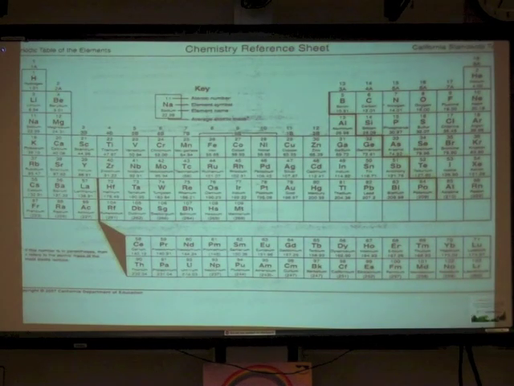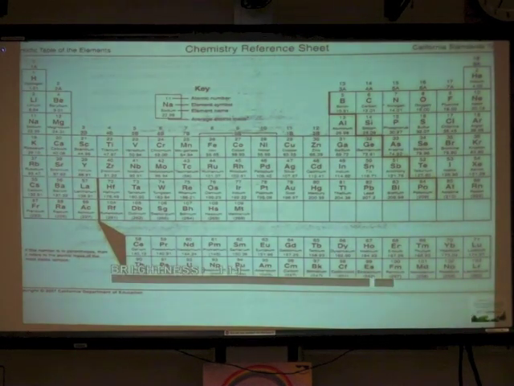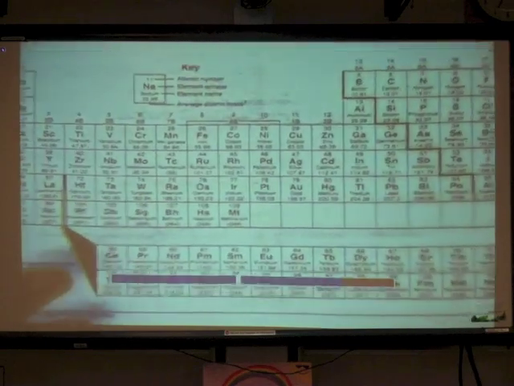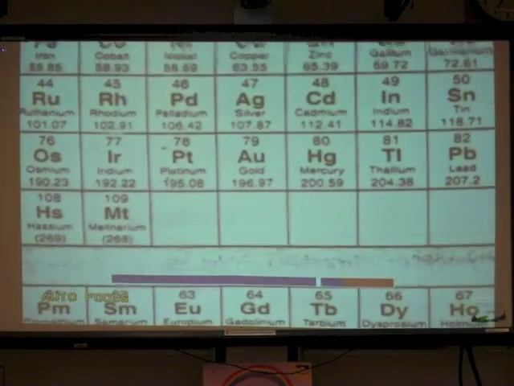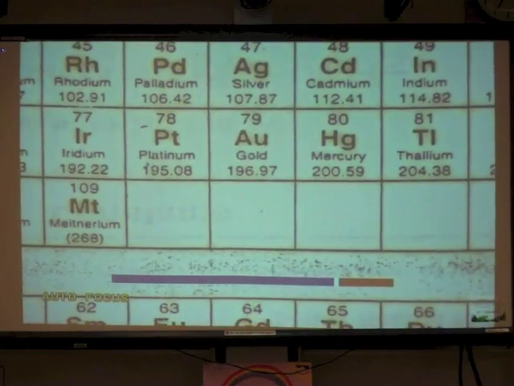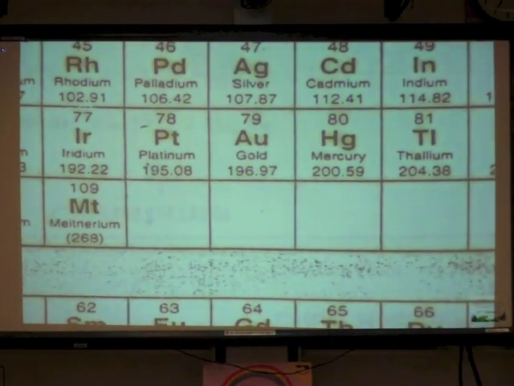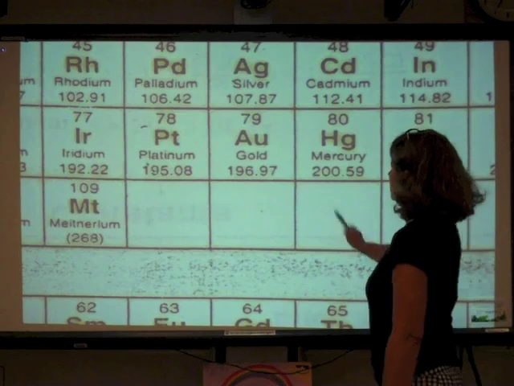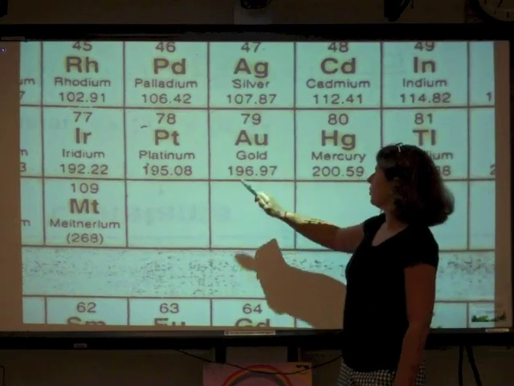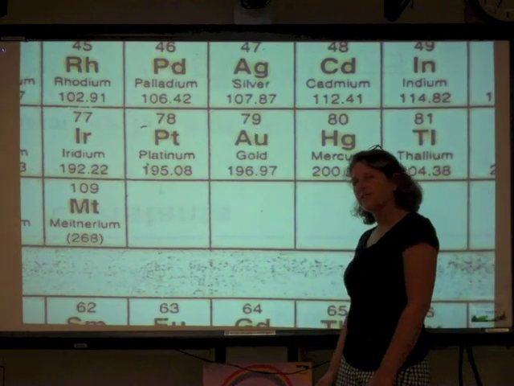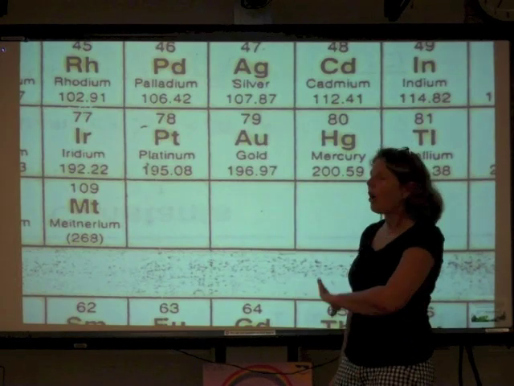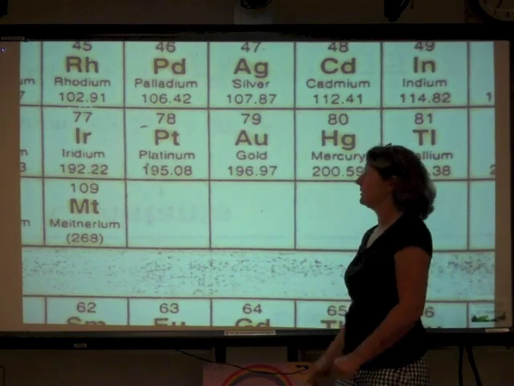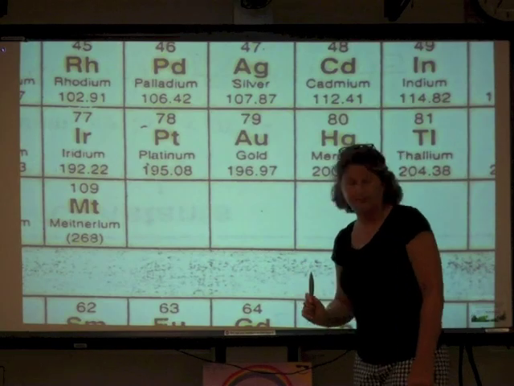So let's zoom in a little bit here. What shall we zoom in on? Let's zoom in on gold, because I like gold. Okay, so here's gold. Au. Gold has an atomic number of 79, and that means that all atoms of gold have 79 protons.